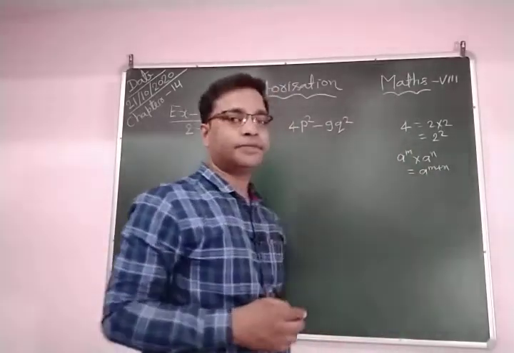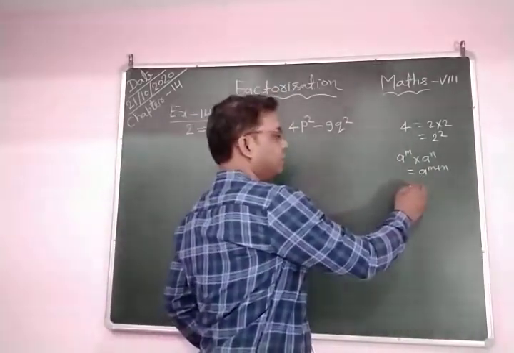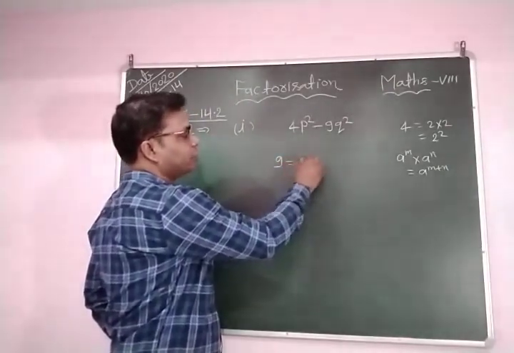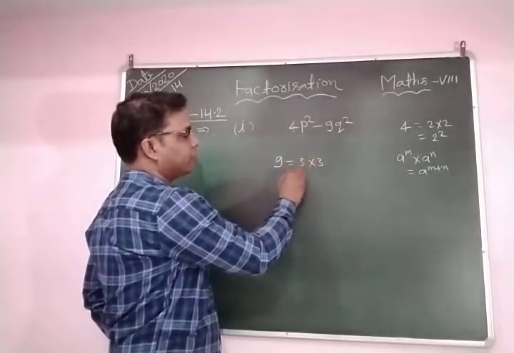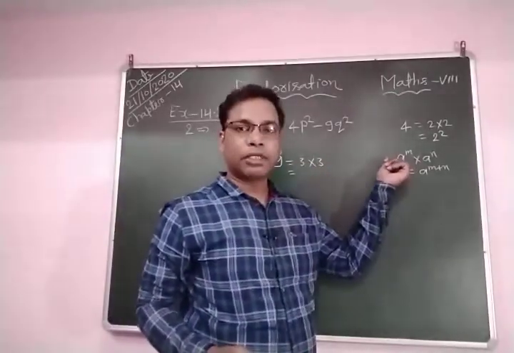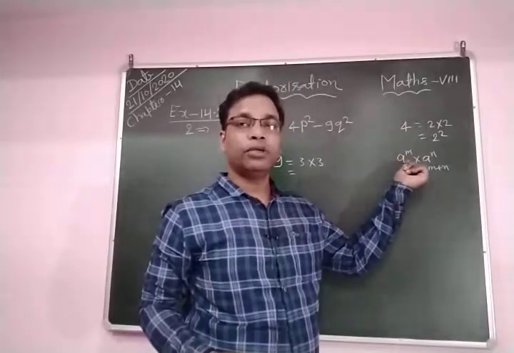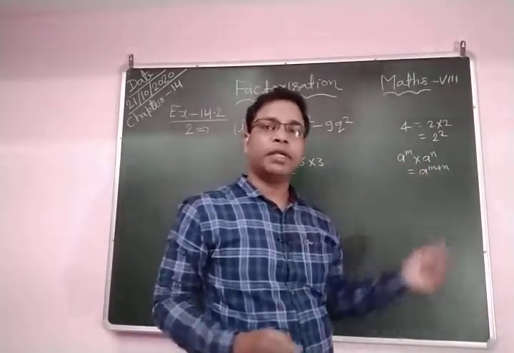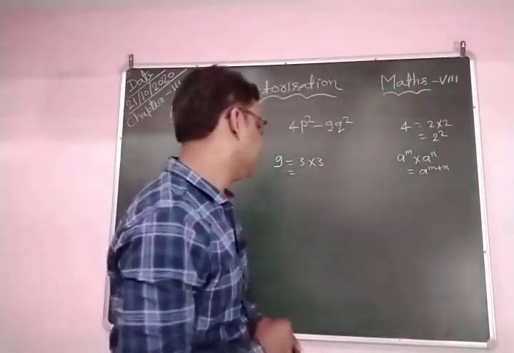Similarly, we can write 9 is equal to 3 into 3. We use this formula, the law of exponents: a power m into a power n is equal to a power m plus n.